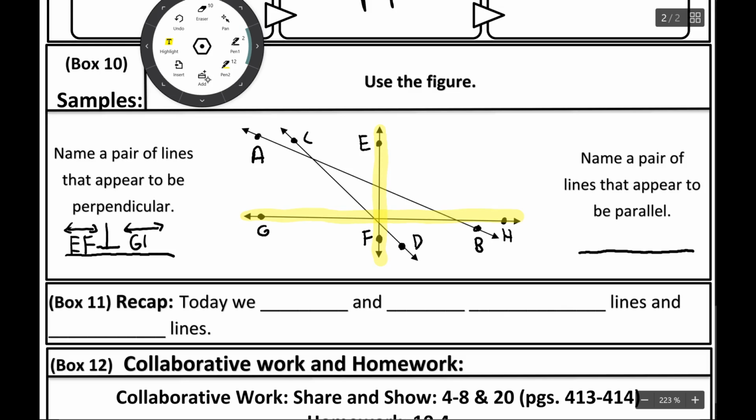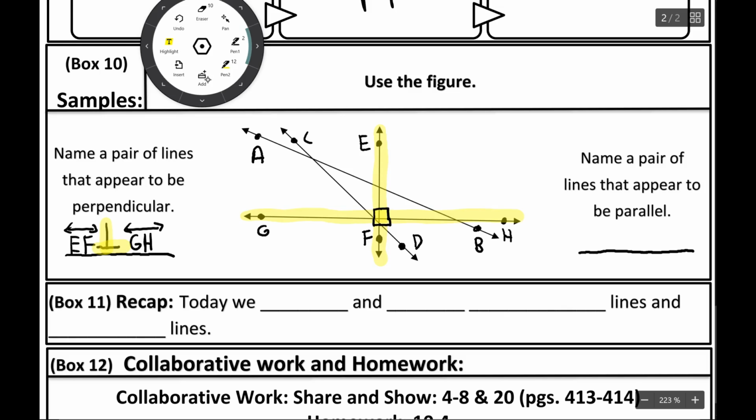In case you didn't, make sure that you do write it like this, okay? With the symbol right there. This symbol tells us that it's perpendicular, okay? So I would have accepted that, okay? I don't think I see any other lines that are perpendicular that form the right angles, okay? You can kind of see there's a right angle here, right angle there, right angle there, right angle there, okay?